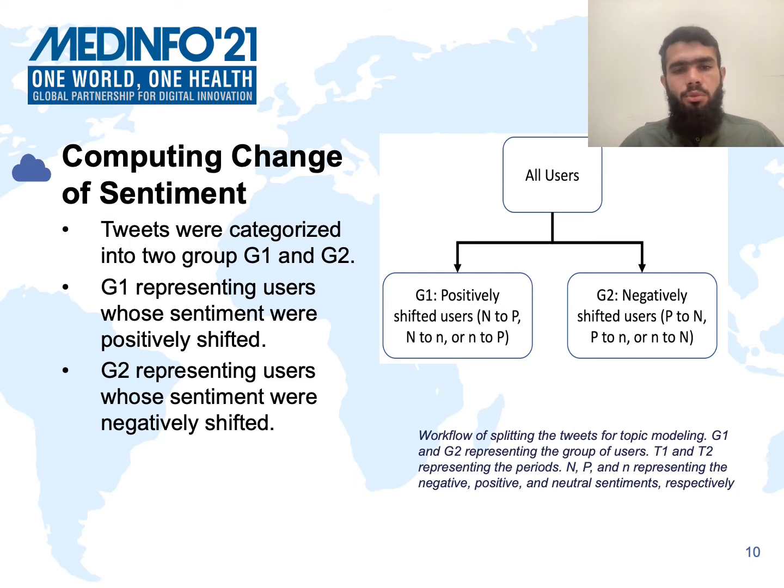This is a positive shift, and also negative to neutral and neutral to positive. So we consider those users as positively shifted users. And G2 represents users whose sentiments shifted negatively, like their sentiment was positive in the first time frame, and now after the vaccine rollout their sentiment is negative, so we consider these negatively shifted users.